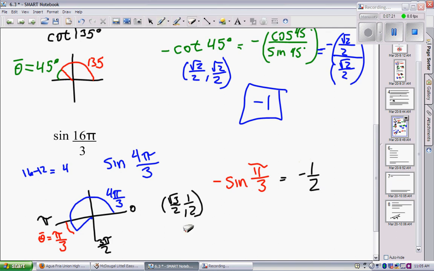No, I gave you the wrong terminal point. Pi over 3 is up here. Sorry about that. It is the point 1/2, root 3 over 2. So it goes to a negative root 3 over 2.